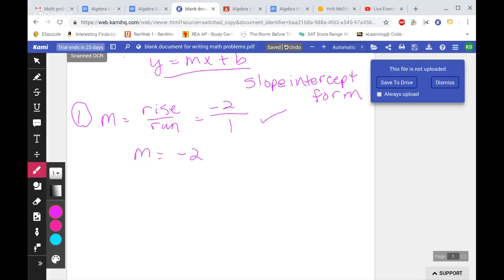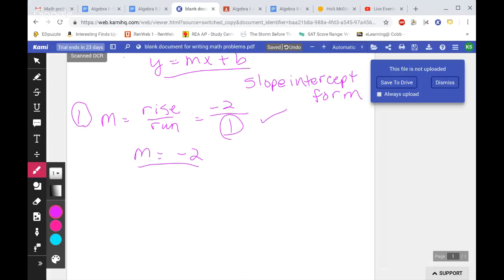Yes. But this is just important to know, because if you were actually using -2 over 1 as the rise over run in order to graph points, it's very important to remember that the rise is one number and the run is the other. So when you have a whole number as a slope, you need to remember that that bottom number is 1. So you have to incorporate that when you're counting points.